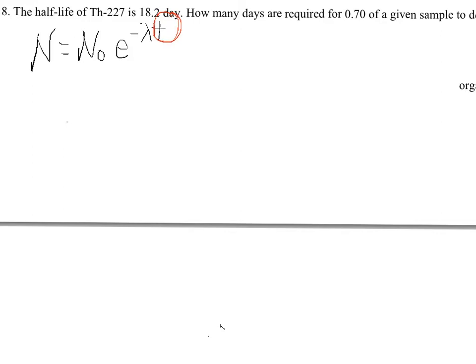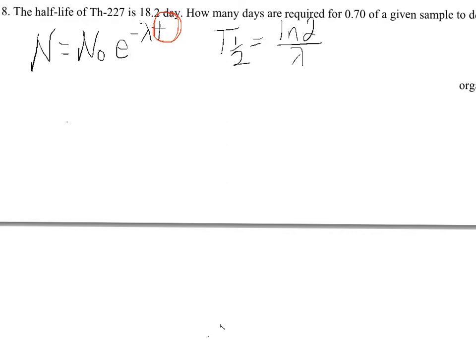And we're given the half-life, so one of the first things we have to do here is find the decay constant of the sample. From our notes and in the data booklet, we know that the half-life is equal to the natural log of 2 divided by the decay constant.